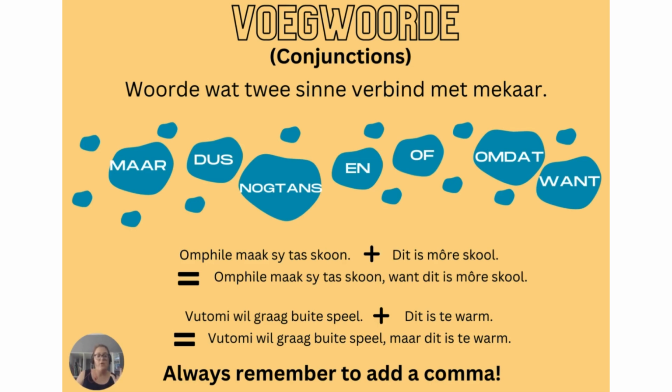Then we say, Vutomi wil graag buite speel, komma, maar dit is te warm. So you're making two sentences into one sentence. It's easier to read, and always remember to add a comma. So altyd jou komma. So it's woordjies soos maar, dus, nogtans, en, of, omdat, want. So this is called your voegwoorde.